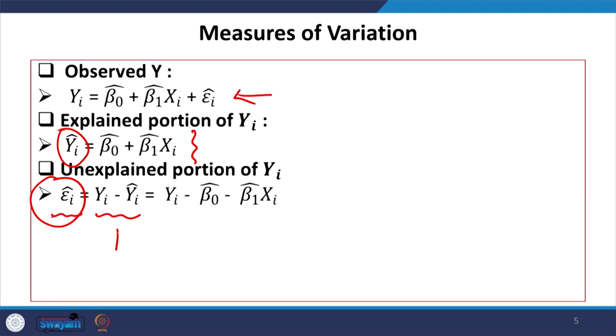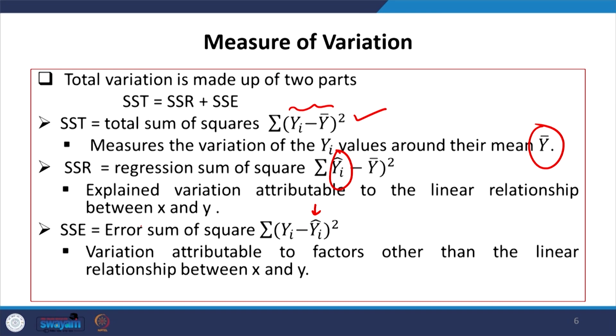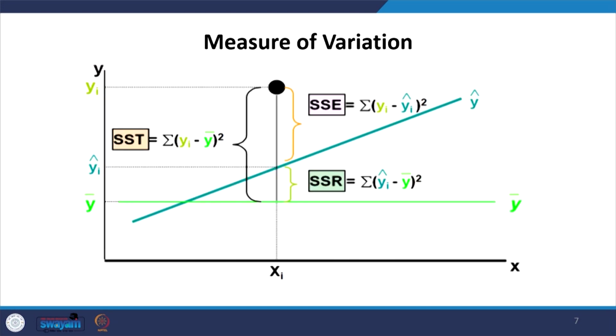Every time in the linear regression model we attempt to minimize the squares. Since the differences can be negative, by taking squares they are positive and can be compared. So the variation attributable to factors other than the linear relationship between x and y is called these differences.